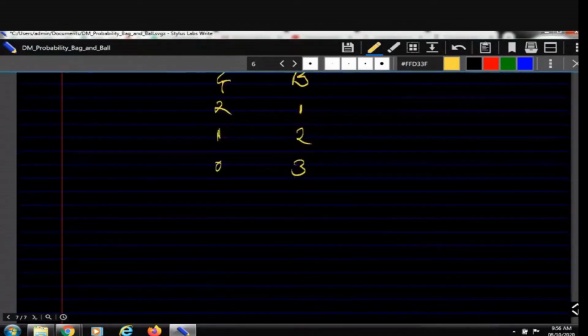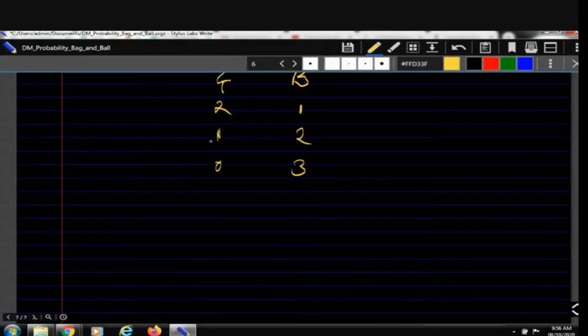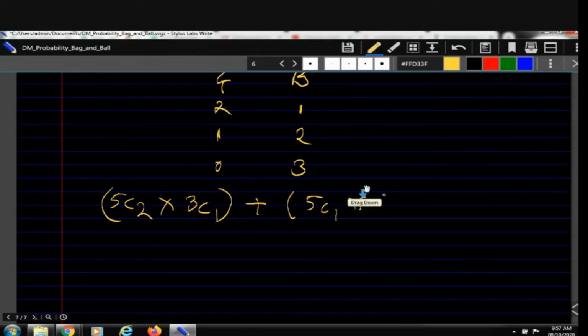And then write it in the combination formula. 2 green, you can select in 5C2 ways, and 1 blue, you can select in 3C1 ways. Plus: plus means 2 green and 1 blue, or 1 green and 2 blue. So 1 green and 2 blue you can select by 5C1 into 3C2 ways.